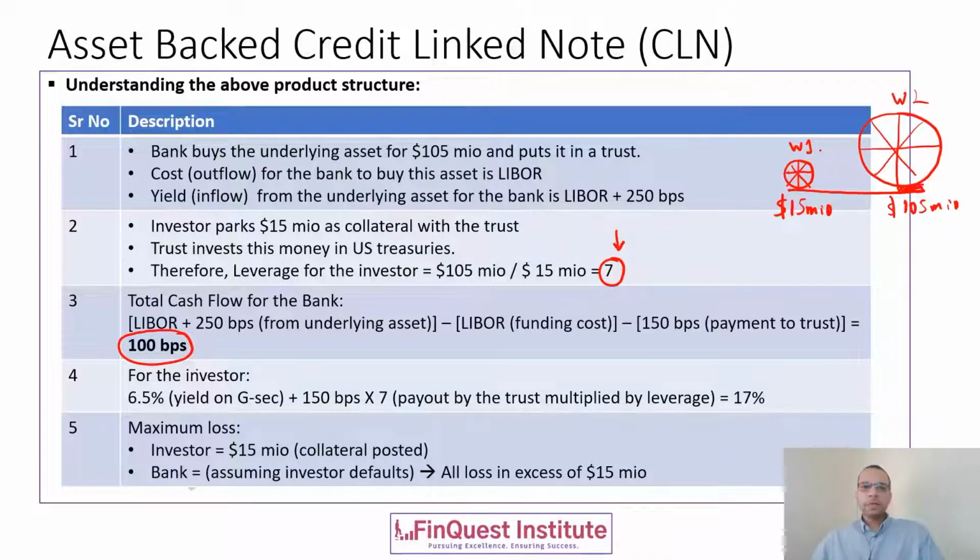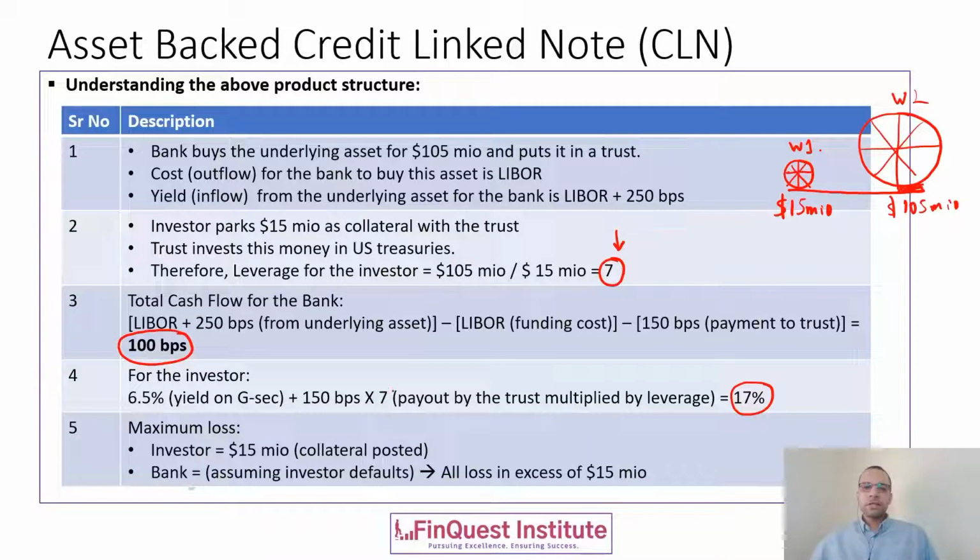Now, from an investor perspective, let's assume that 6.5% is the yield on the government security, plus the 150 basis points from the trust, into the leverage factor. This will give us a total return of 17% for the investor. Now, here we see the impact of leverage, because as we spoke earlier, this product gives an unlimited leverage.